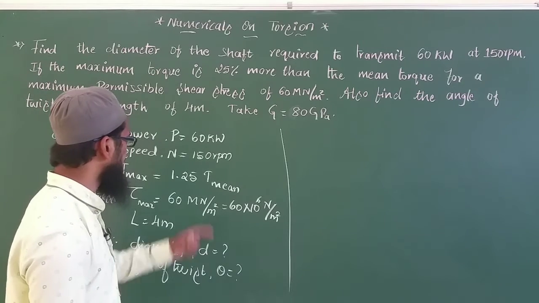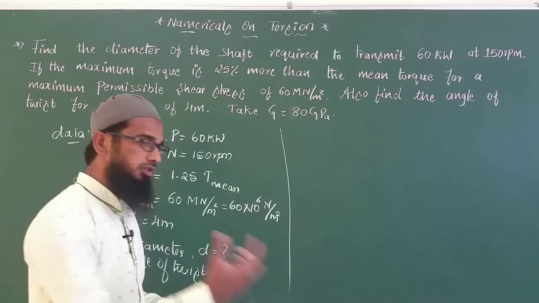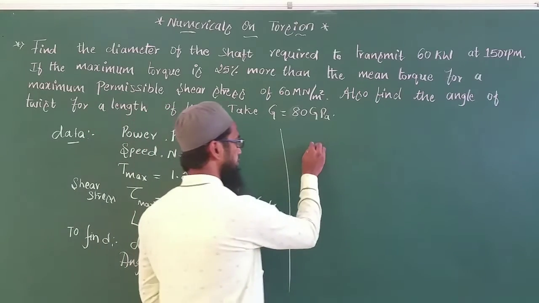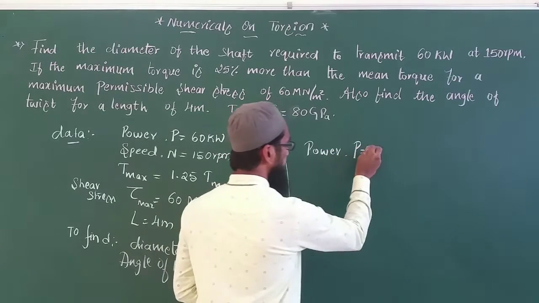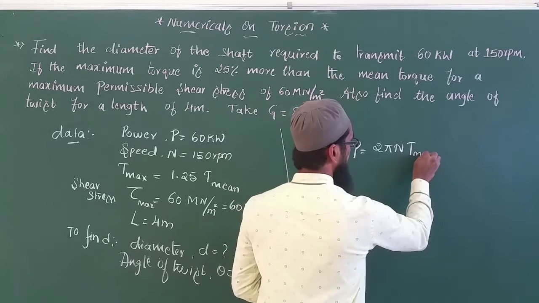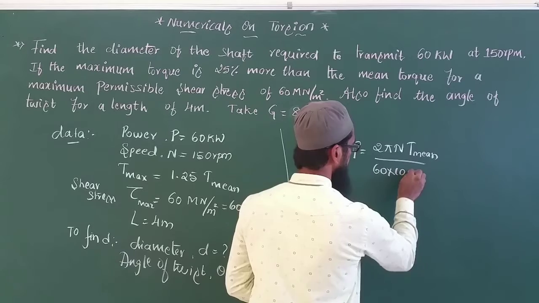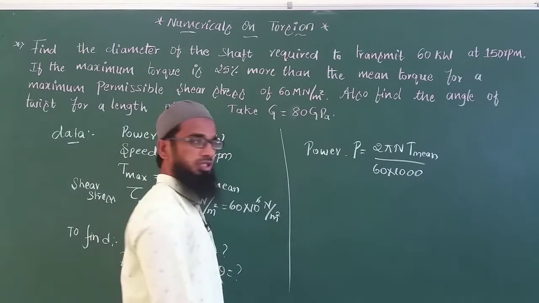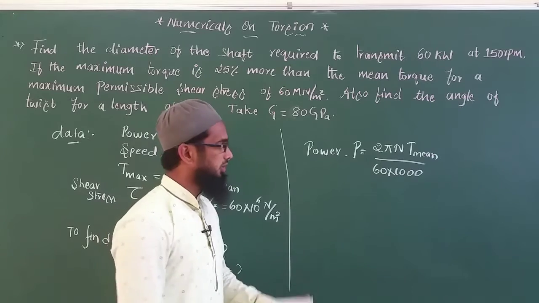How do we find the diameter and the angle of twist? Since the power and speed are given, we recall the power equation: power P is equal to 2 pi N T mean by 60 into 1000. This is the power equation, which we already know. Now we substitute the values given in this problem.